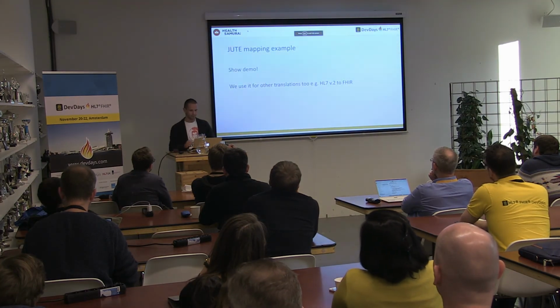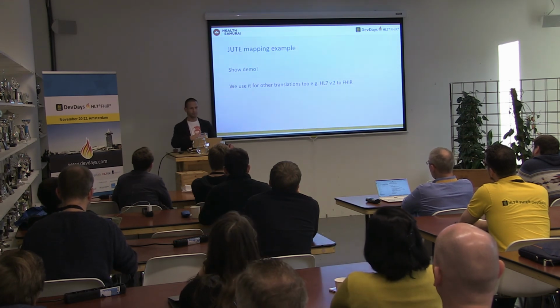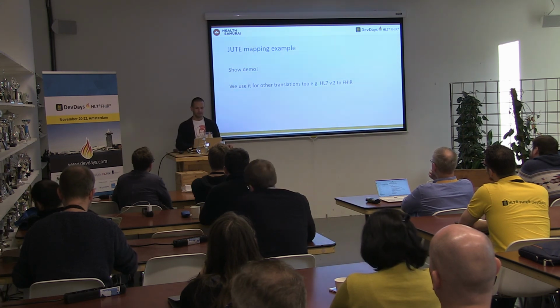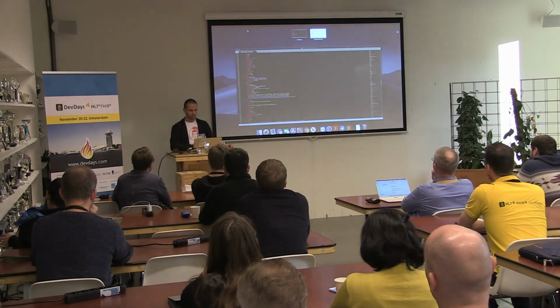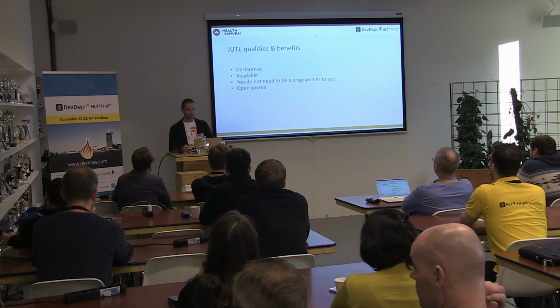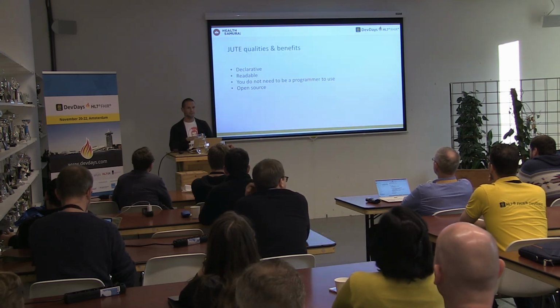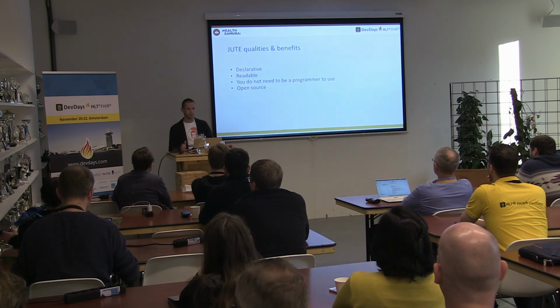And I have shown the demo. We also use these translations, for instance, from HL7 v2 to FHIR, and CSV to FHIR, so it's kind of a universal language. And yeah, these are the advantages. We have business analysts writing mappings in JUTE, so it's not necessary to be a hardcore engineer.